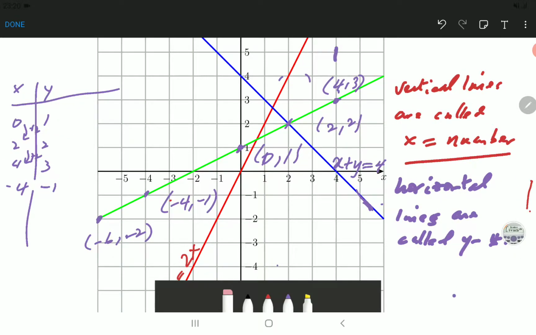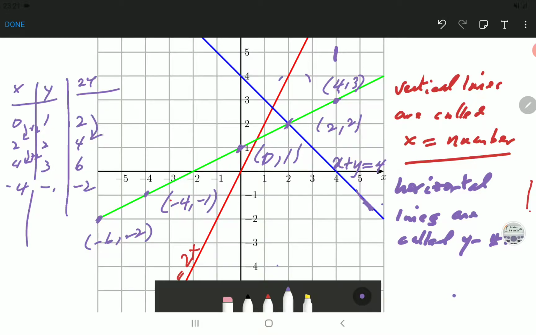So 2y: 2 times 1 is 2, 2 times 2 is 4, 2 times 3 is 6, 2 times negative 1 is negative 2.